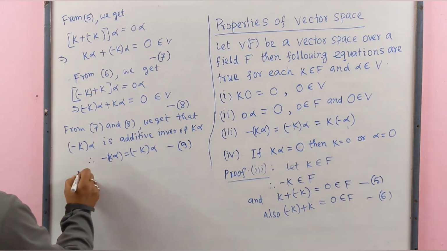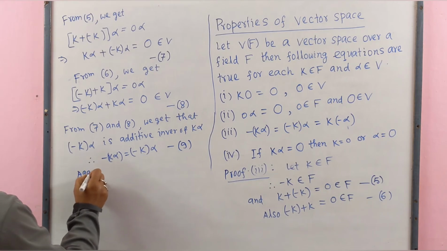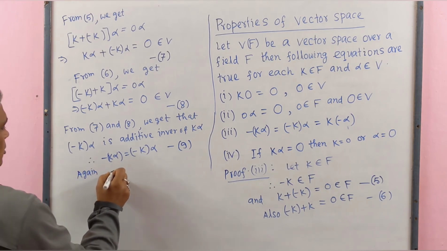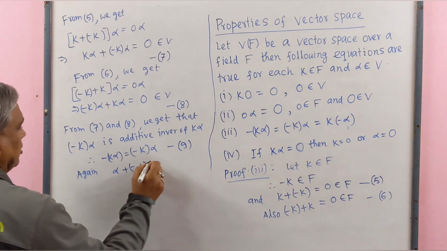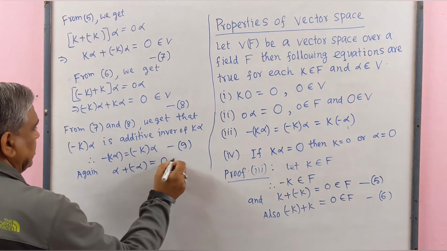Again, alpha plus minus alpha equals 0 vector.